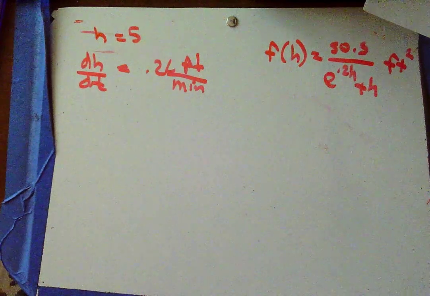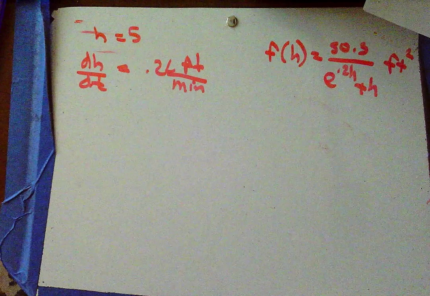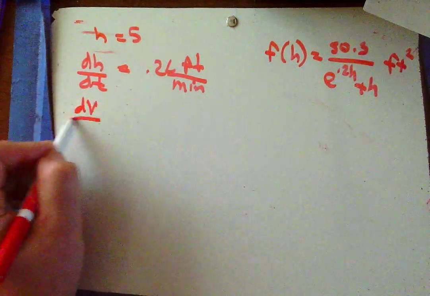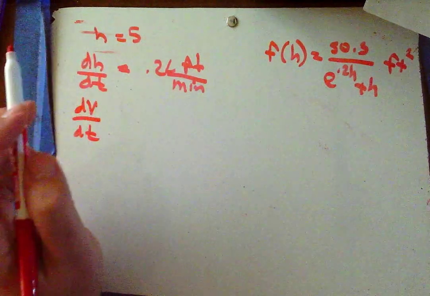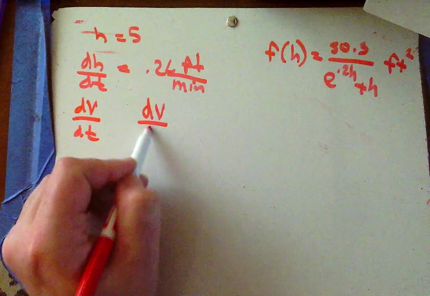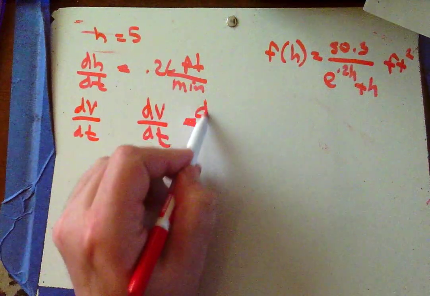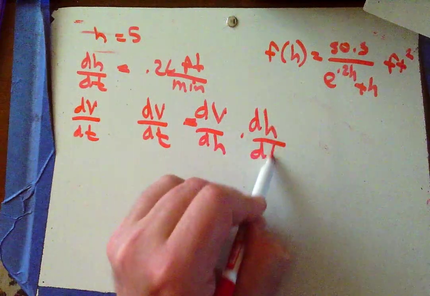Use the area model from part C to find the rate at which the volume of the water is changing at h equals 5. Okay, so I remember that dV/dt equals dV/dh times dh/dt.